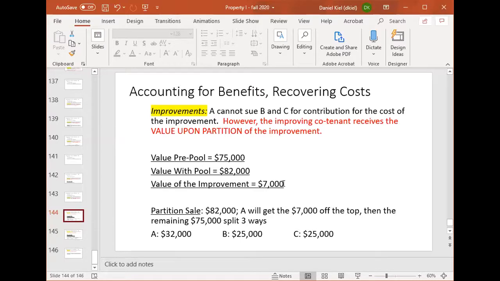Because though these rules are fairly simple to say, these numbers are very difficult to prove. And since that's the case, an improving co-tenant would be wise to come to some sort of agreement about how it's going to be handled if there ends up being a partition.